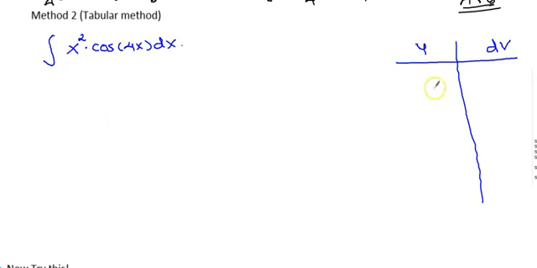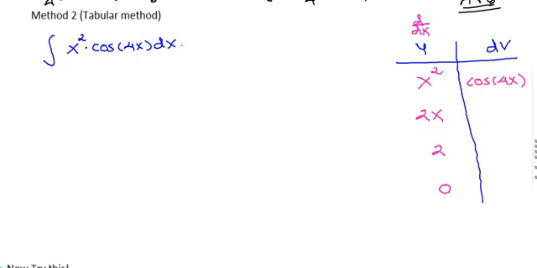Choice of u was x square, dv is cosine 4x. In this table, in the first column you keep finding the derivative. So the derivative of x square is 2x. Derivative of 2x is 2. Derivative of 2 is 0.